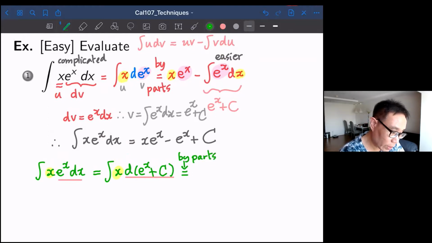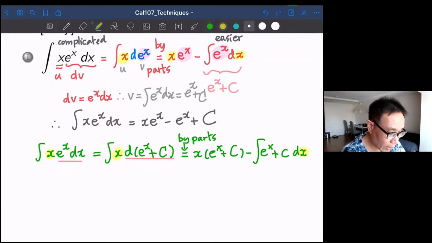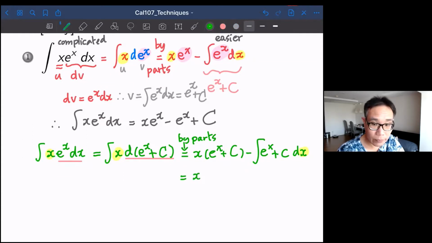So it's going to be uv, which is x times (e to the x plus c), minus the integral of (e to the x plus c) du, which is d of the yellow guy, x.